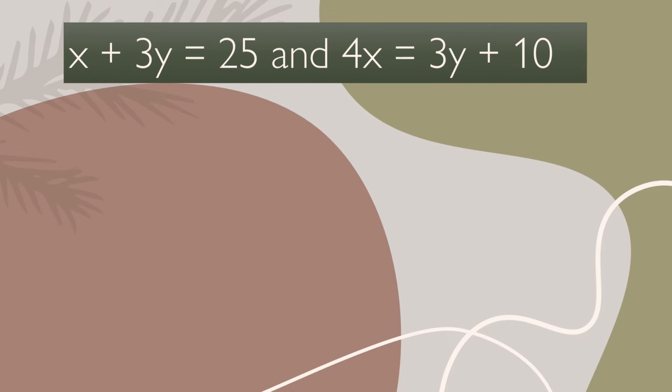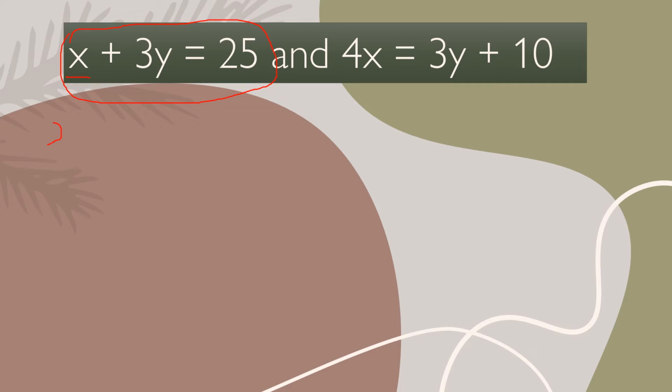Let us solve another simultaneous equation. This one is slightly different from the one we solved before. Let's get going. First, we want to make the variable a subject. So we'll use the first equation because it's easy.